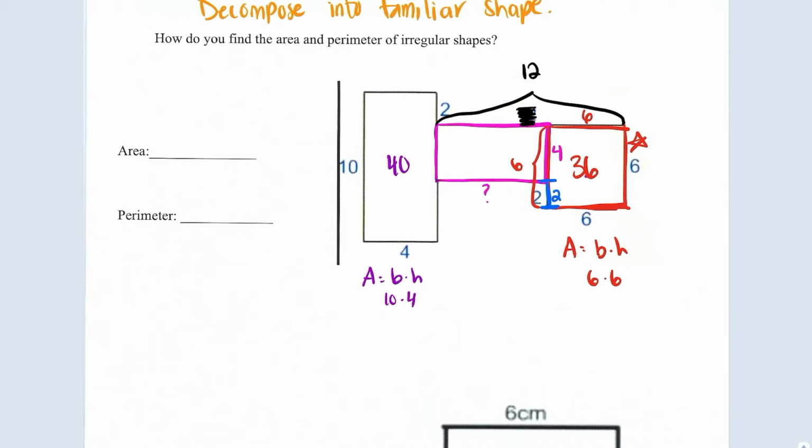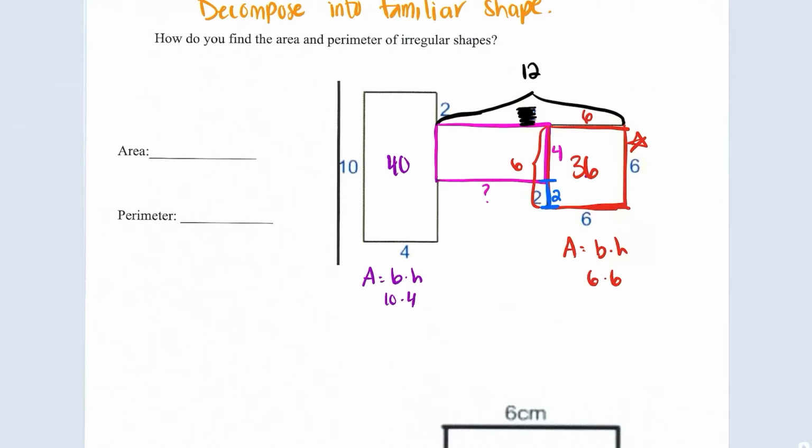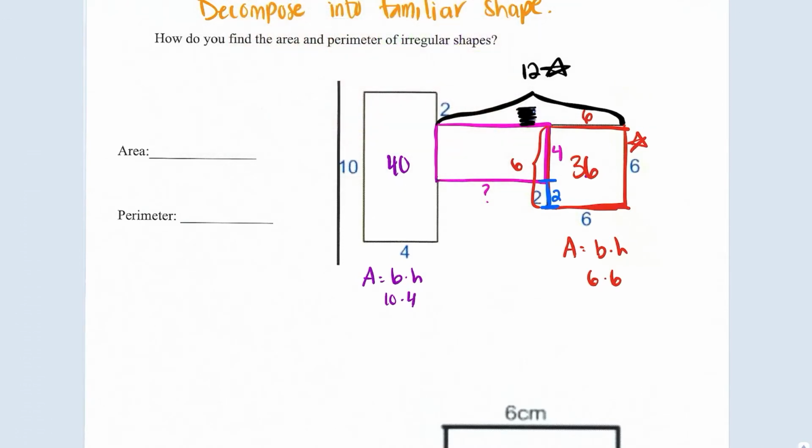That pink question mark. Similarly, in black, I told you that the entire top side, in this star here, is 12, right? But you know that this red section, I'm going to highlight it here, is 6, just the top of that red square.